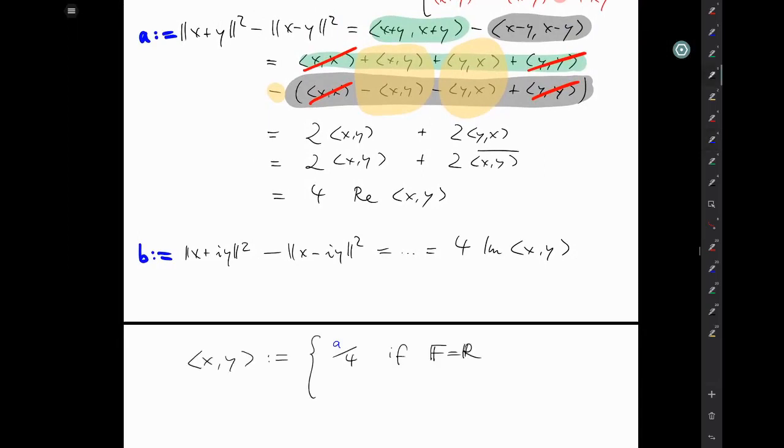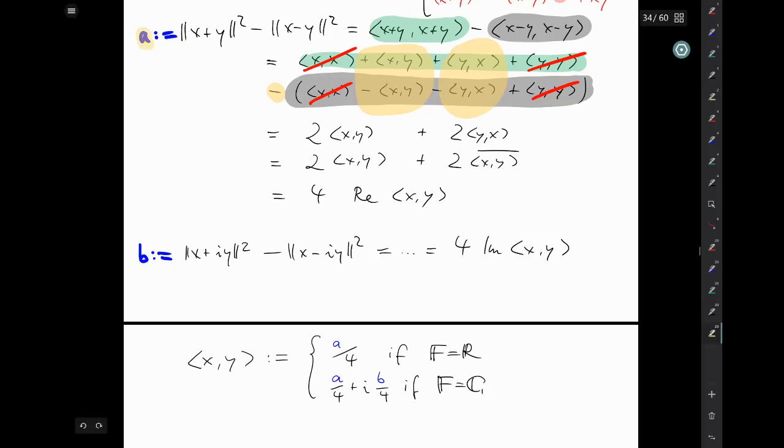Your scalar product x comma y is given by the blue expression a divided by 4 if you're in a real vector space, and it's given by a divided by 4 plus I times b divided by 4 if you're in a complex vector space, right? So let me just remind you where these terms are coming from.